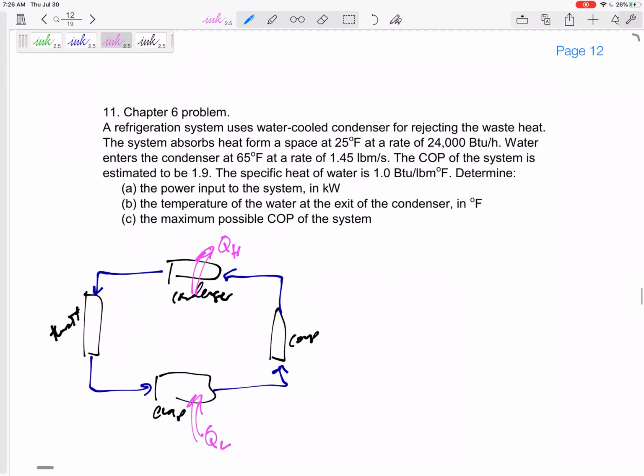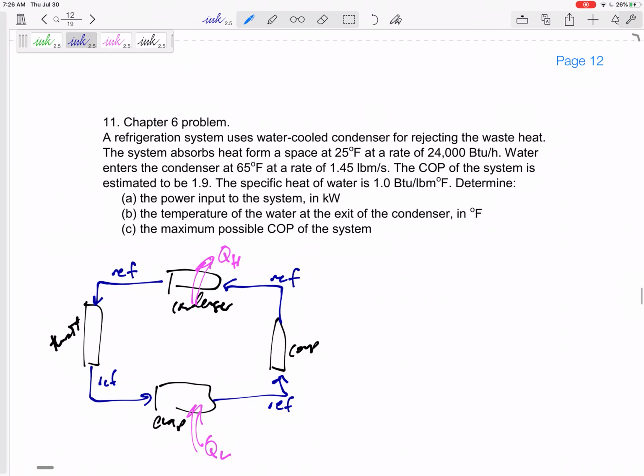But this one, all it says is it uses a water-cooled condenser. So there's refrigerant, probably still the working fluid going through here. But instead of spitting this QH out, it's almost like a heat exchanger. It has water coming in, water out, and the Q is going into the water.